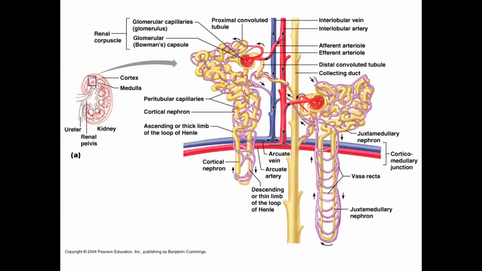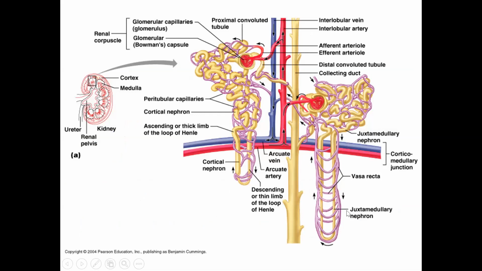Okay, so the two types of nephrons, the functional and structural units in kidneys. This one is called a cortical nephron. Most of its structures will be in the cortex, a little bit in the medulla.